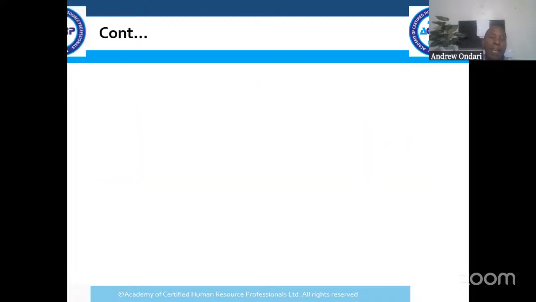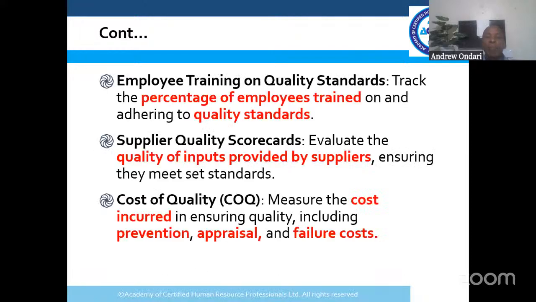The other aspect of quality is training on quality standards. Yesterday, I mentioned training, and I think one of us asked a question about training large numbers of people and training individuals. And I gave the example of ISO certifications.